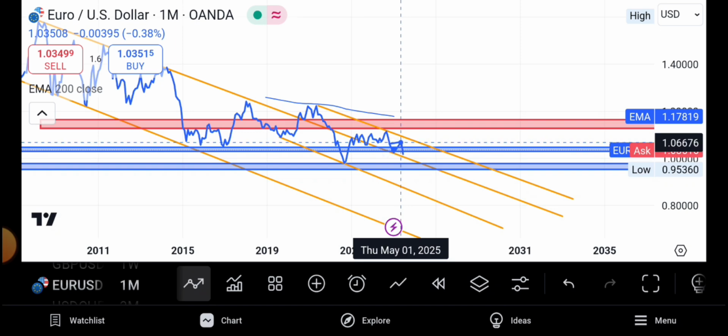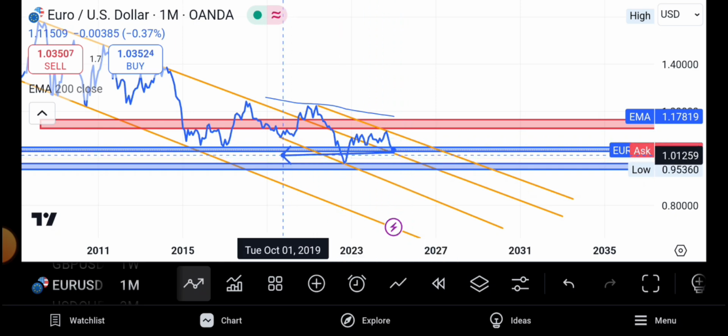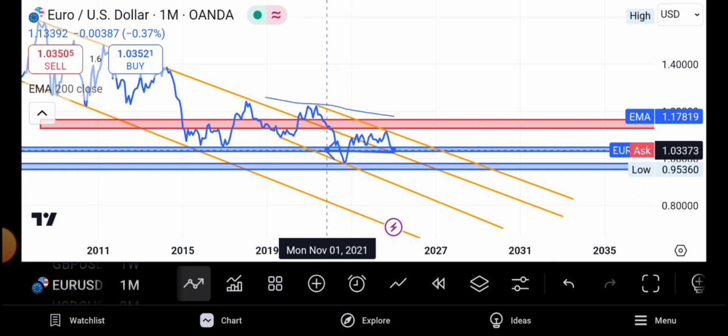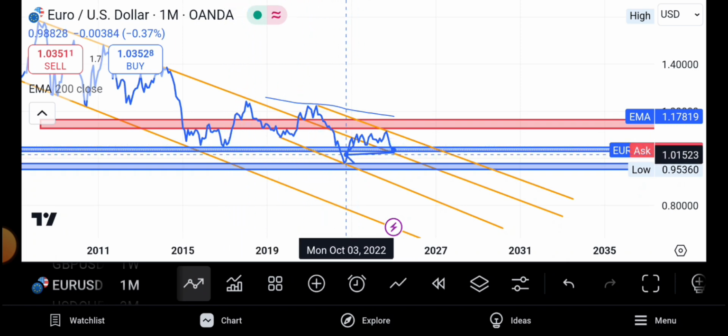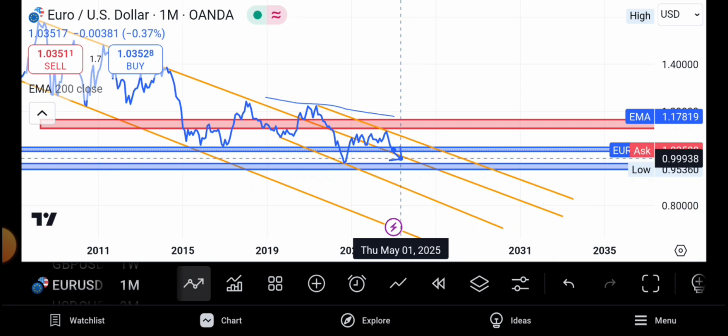Why am I saying so? I'm repeating: it's because the current price action sits on the strong support zone. This blue zone was a strong support zone, and it is sitting above this trend line. So in this zone we might see a lot of buyers trying to push the price upward.